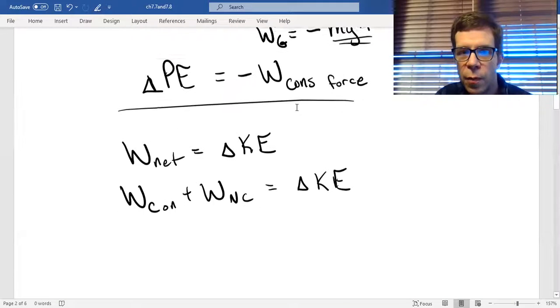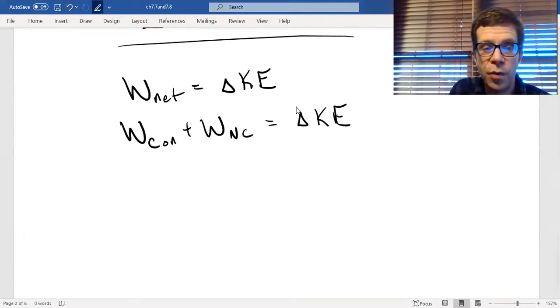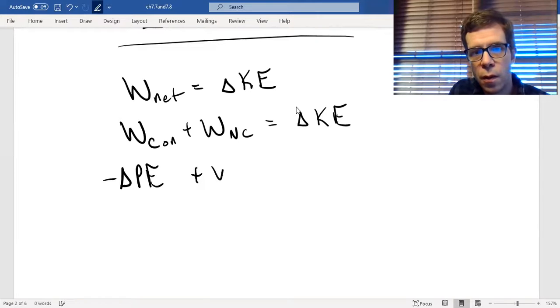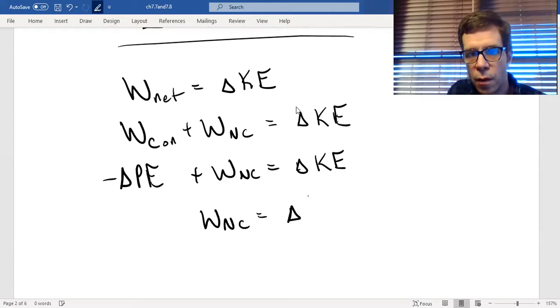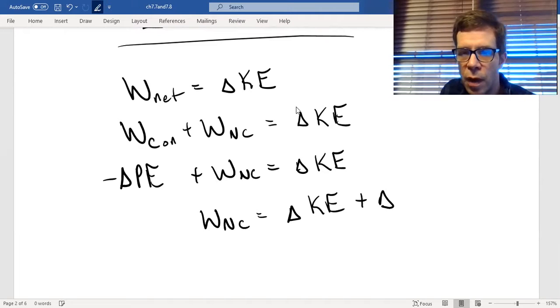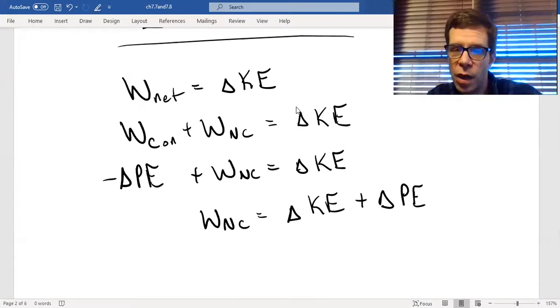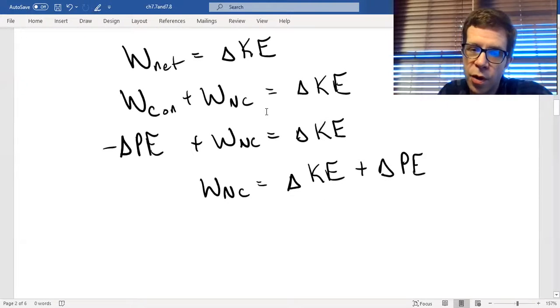And now if we replace our work by conservative forces with a potential energy, we can rewrite it this way to say that the work by non-conservative forces is the change in kinetic energy plus the change in potential energy, the total mechanical energy of the system.